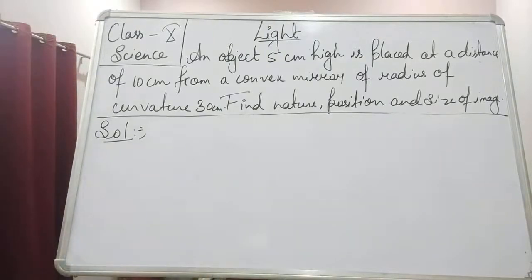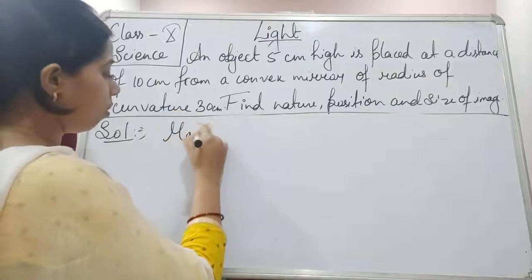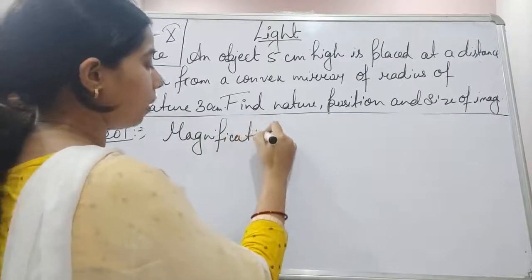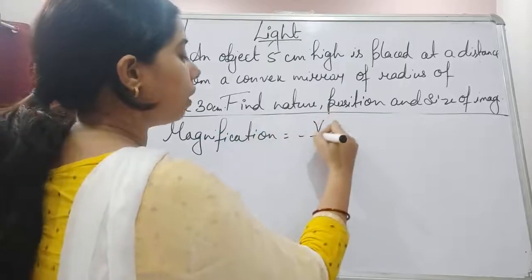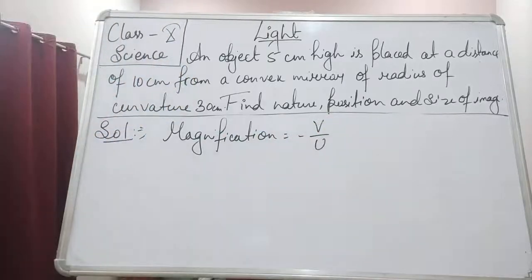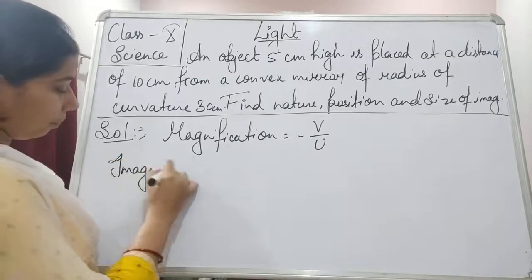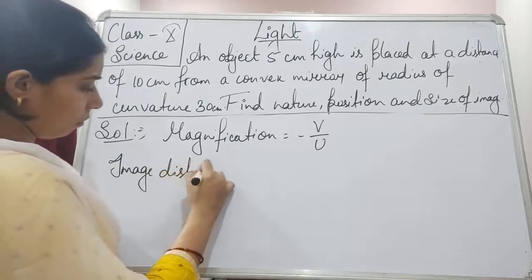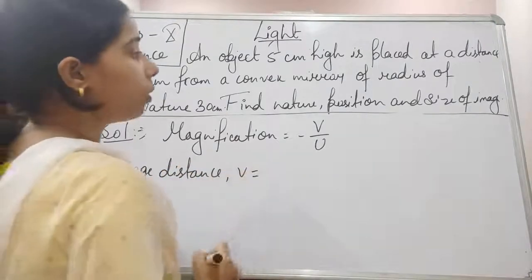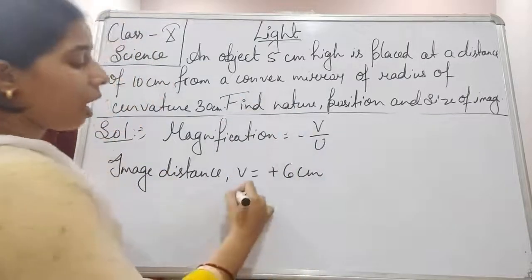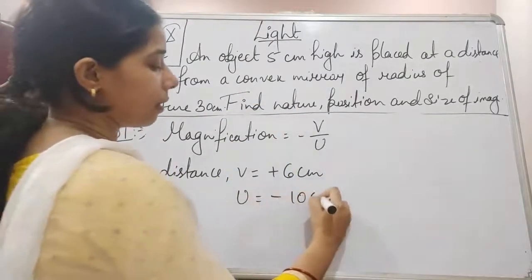H2. So magnification will be equals to minus v upon u. So image distance will be equals to plus 6 centimeter, that we already knew about, and u is equals to minus 10 centimeter.